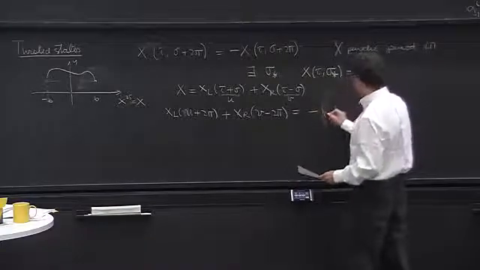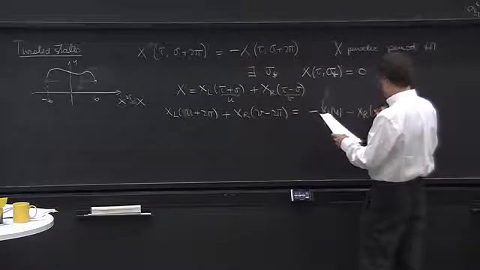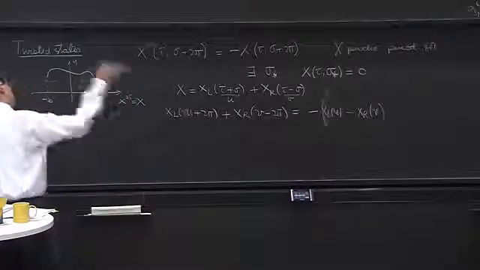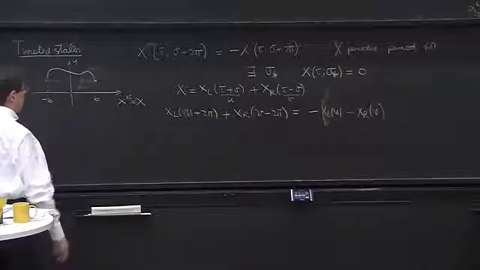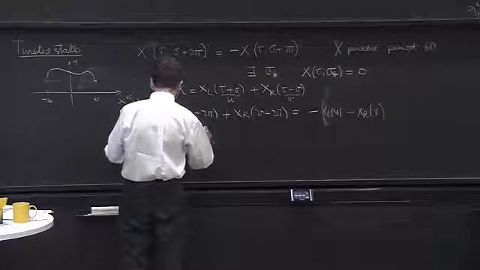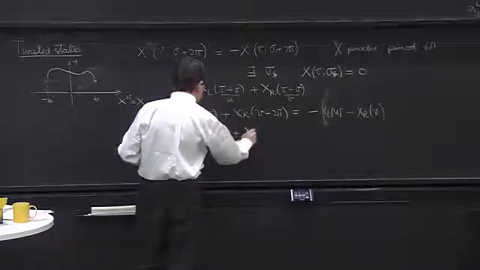So minus x left of u minus x right of v. As before, we put all the things with u on one side and all the things with v on the other side. So we have x left of u plus 2 pi plus x left of u.